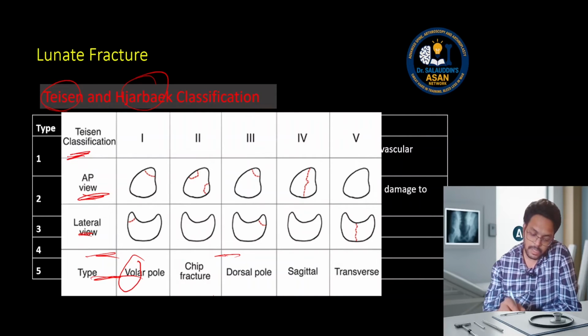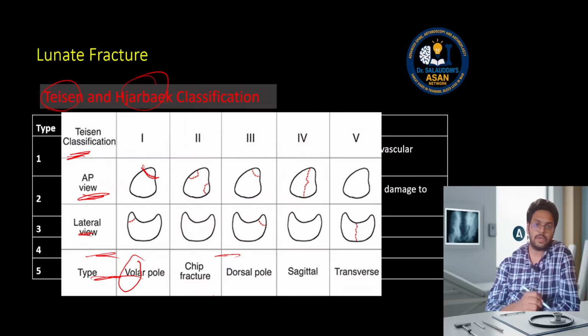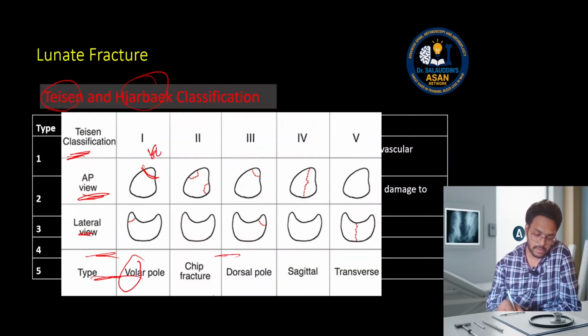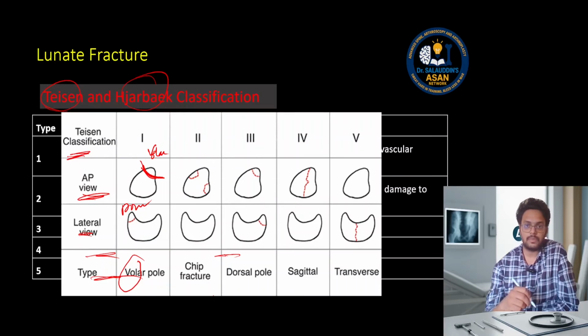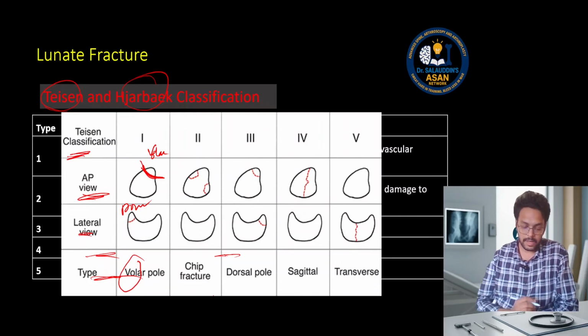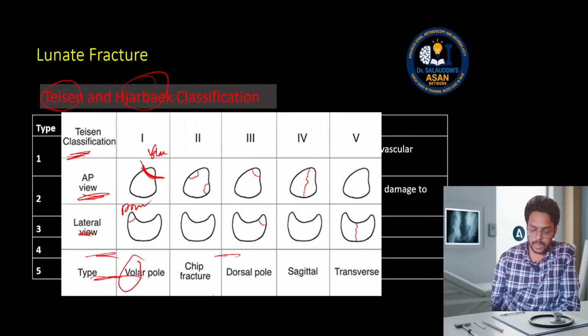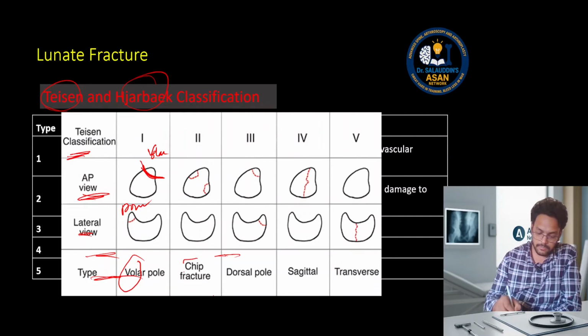See, type 1 is simply the volar pole. When the lunate is fractured in the volar direction, volar and dorsal side, if it is fractured in the volar side, then it is type 1. Okay, it is type 1. Then coming to type 2 is chip fractures. Small chip fractures occurring in AP view, then it's a type 2 lunate fracture.